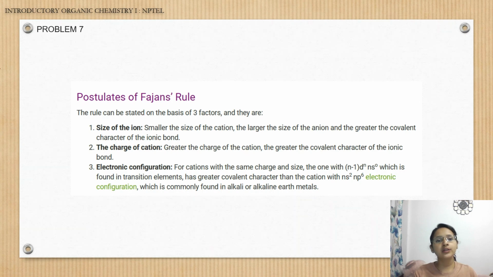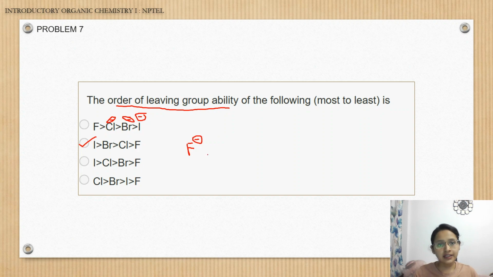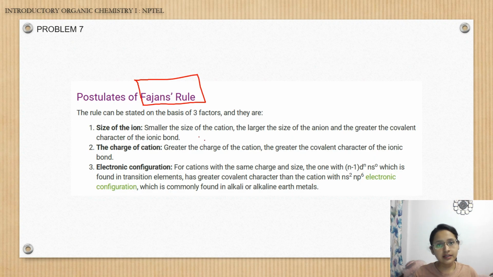So here, according to Fajan's rule, you can go through these postulates that size of ion and charge of cation matter. So here, larger is the size of the anion, greater the covalent character of the ionic bond, which means greater is the stabilization of that negative charge.